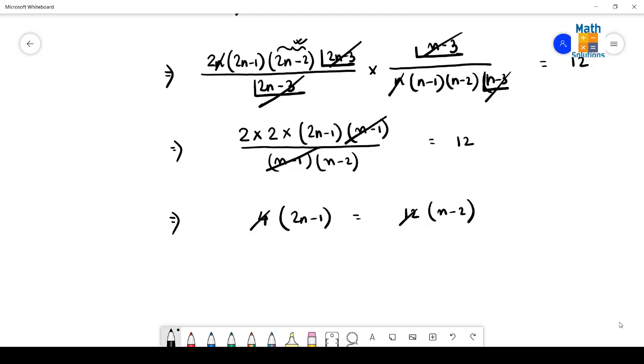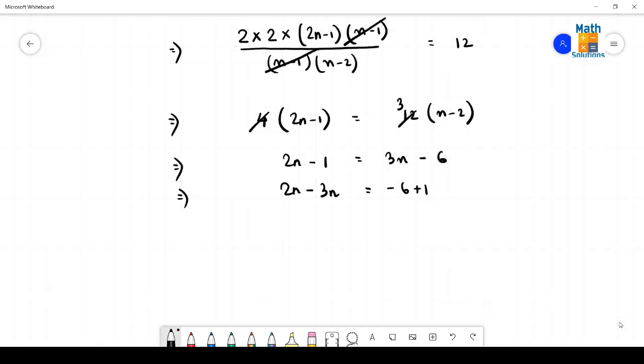So by 4 this can be cut and the result will be 3. So I get twice n minus 1 is equal to thrice n minus 6. So it will be twice n minus thrice n is equal to minus 6 plus 1. So the result will be ultimately minus n is equal to minus 5. Minus minus got cancelled. I get here n is equal to 5.